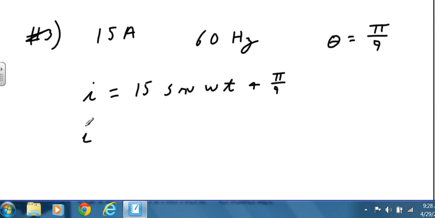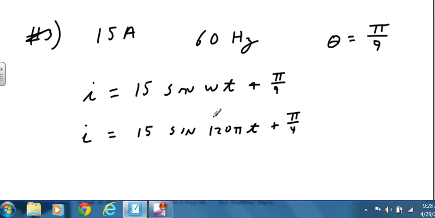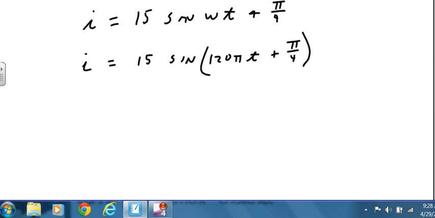And so I is equal to 15 sine of 120 pi t plus pi over 4. Okay. So what was I supposed to do? Graph the equation. Okay, so there's my equation.